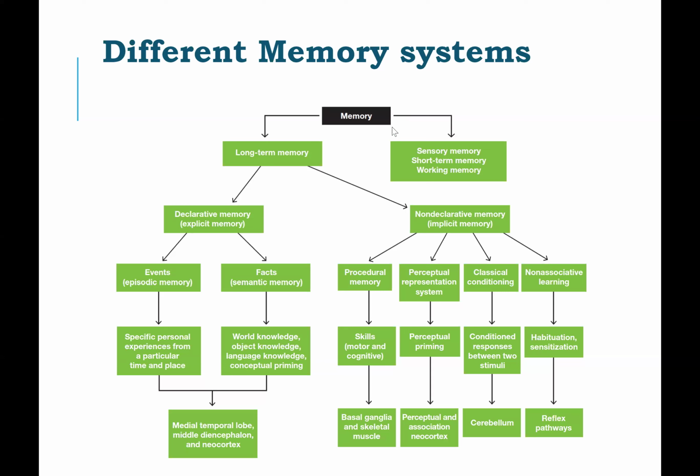The biggest division that people make in memory is between sensory, short-term or working memory versus long-term memory. Now, sensory, short-term or working memory is the memory that we have when we try to manipulate things, and it is the memory we use as we do mental calculations.